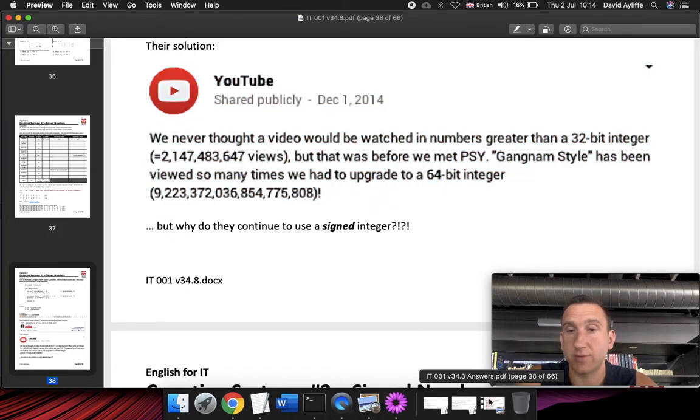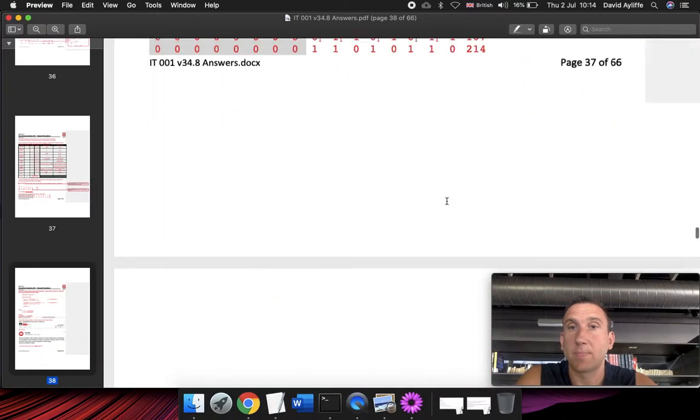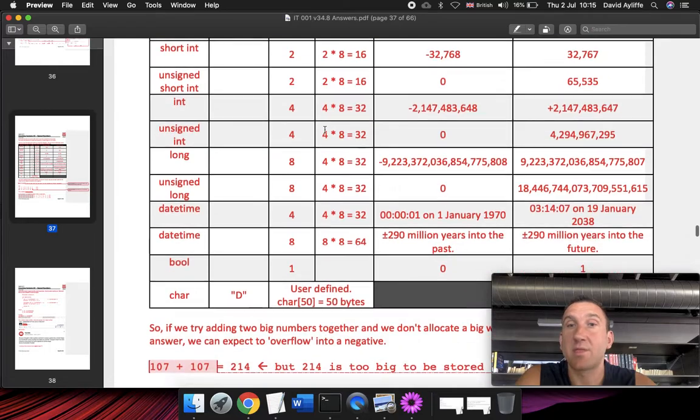So now they've changed from a 32-bit wide integer up to, that's not correct, is it? That should be 64 bits.